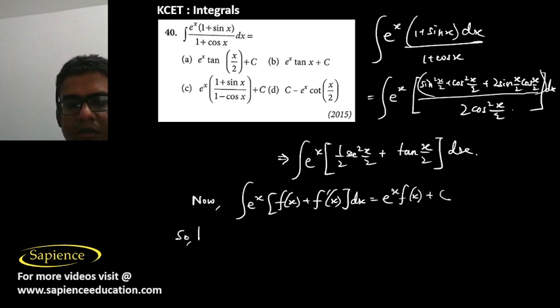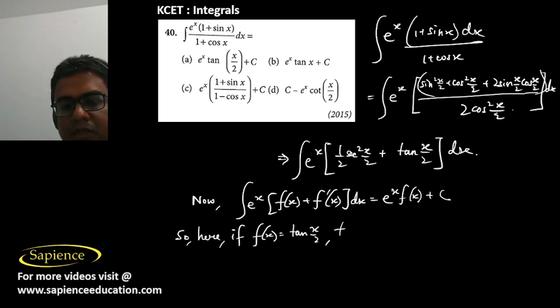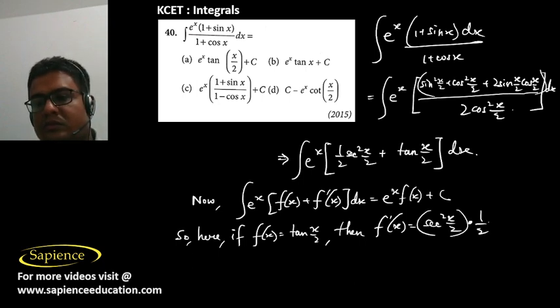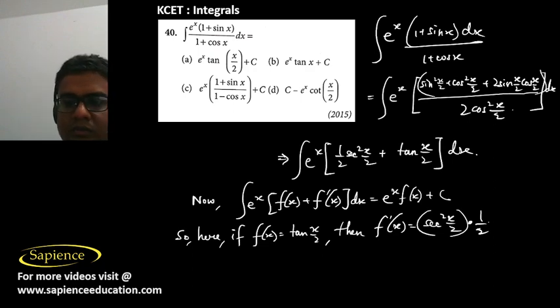So now here if I take the function f of x as tan x by 2, then f dash x will be equal to secant square x by 2 into 1 by 2.